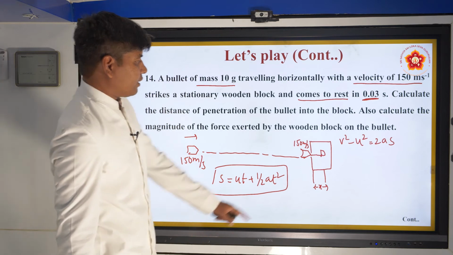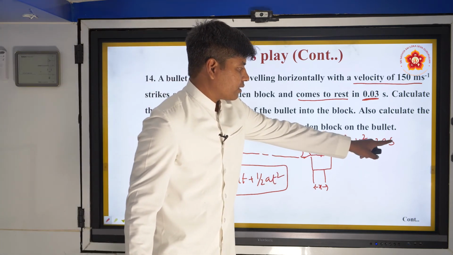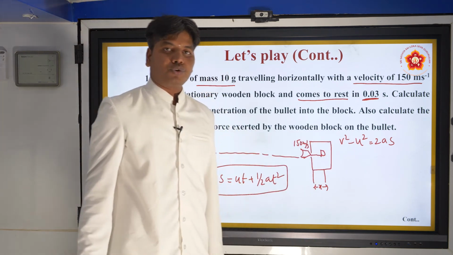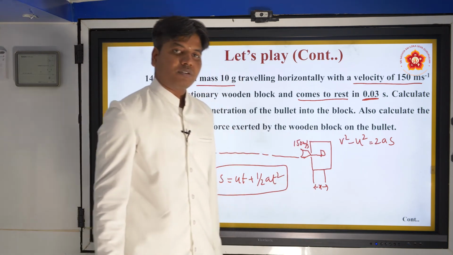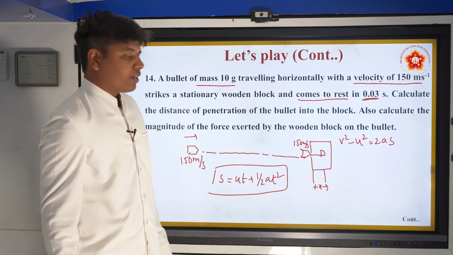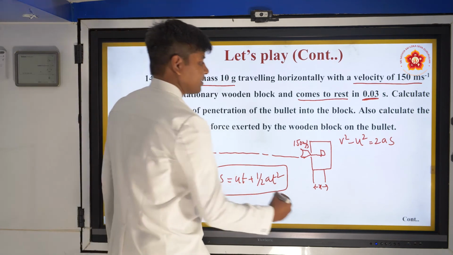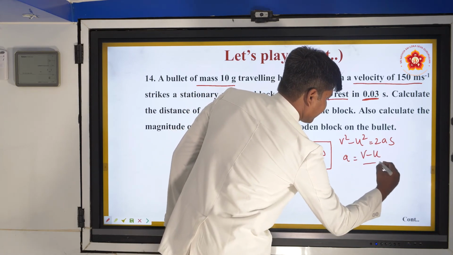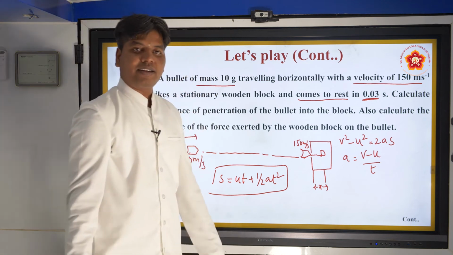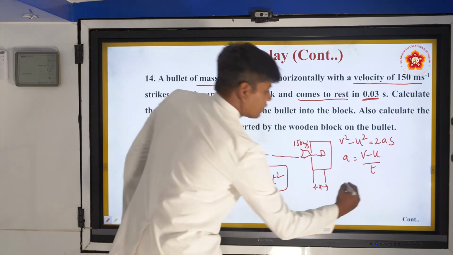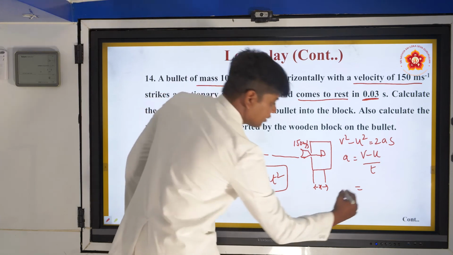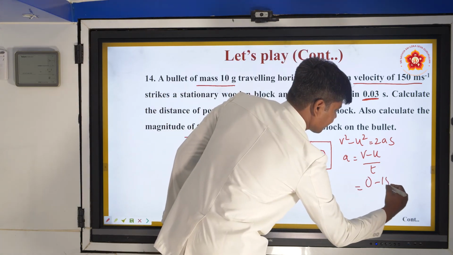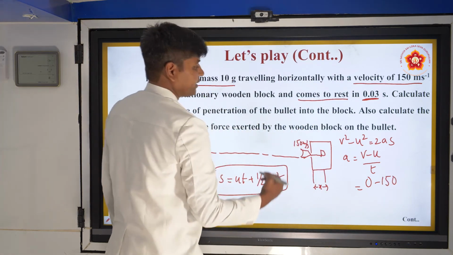Here also you have displacement and acceleration together, and you don't know either. So the only remaining one is the first equation, a is equal to V minus U by t. You know the final velocity is 0 minus the initial velocity. What is the initial velocity? 150. What is the time?